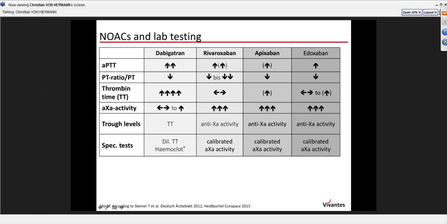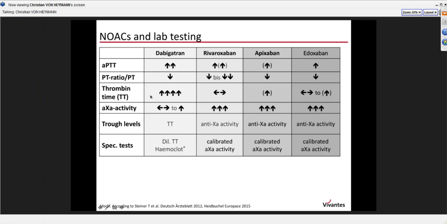That says the APTT is quite sensitive to dabigatran, but it's not very sensitive to apixaban or edoxaban, while the PT ratio seems to be more sensitive to rivaroxaban than to dabigatran or the other two factor Xa inhibitors.